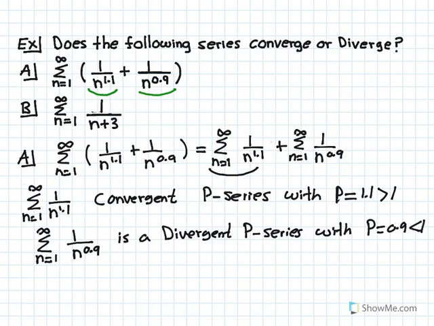That means the entire series is going to diverge, because if one of them diverges, the whole thing diverges. So summation n equals 1 to infinity 1 divided by n to the 1.1 plus 1 divided by n to the 0.9, the entire series diverges.